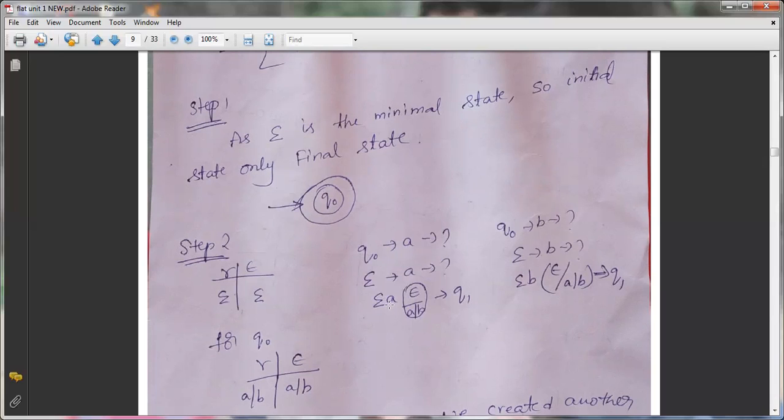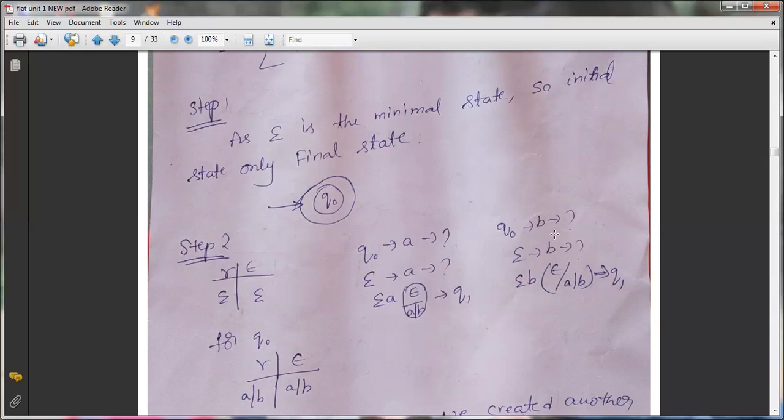But what we need is a or b, as the expected value. Do we have any state like that, or any expected value like that? No. So for that condition, we have to take it as a new state. That will be Q1.